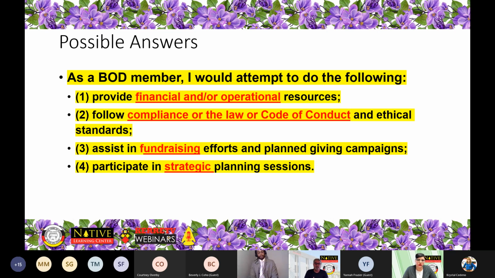But at a minimum, as pointed out here by Courtney and others, we need to make sure that our board members have a basic level of understanding and appreciation of the financial statements that are going to be generated and the consequences that our financial position at any time has on the organization. We need to have some kind of assurances in place that our members and even our staff playing a supporting role understand that.